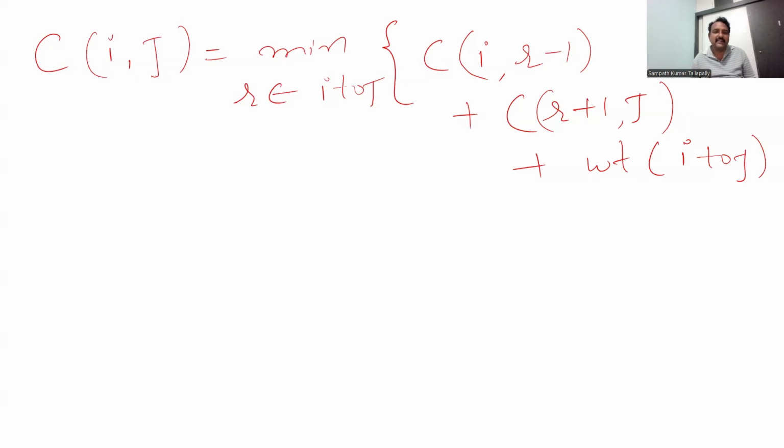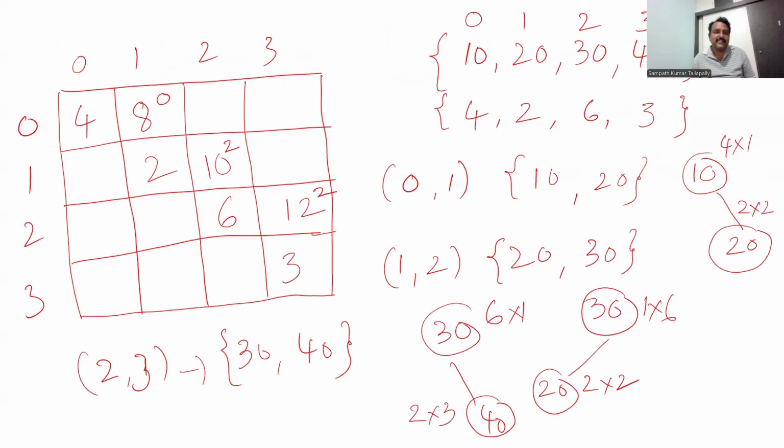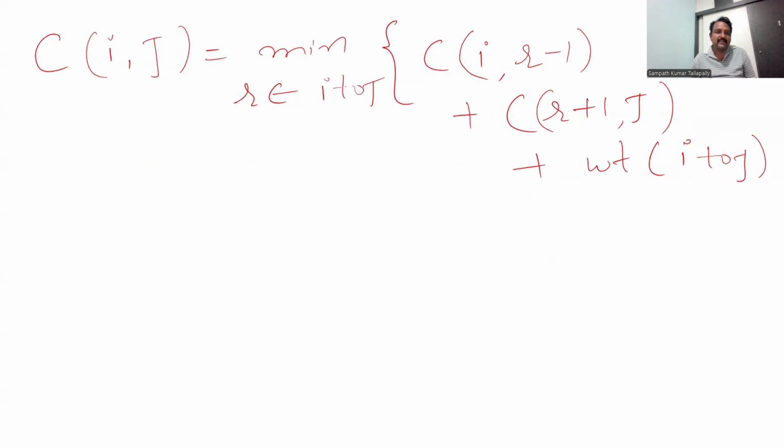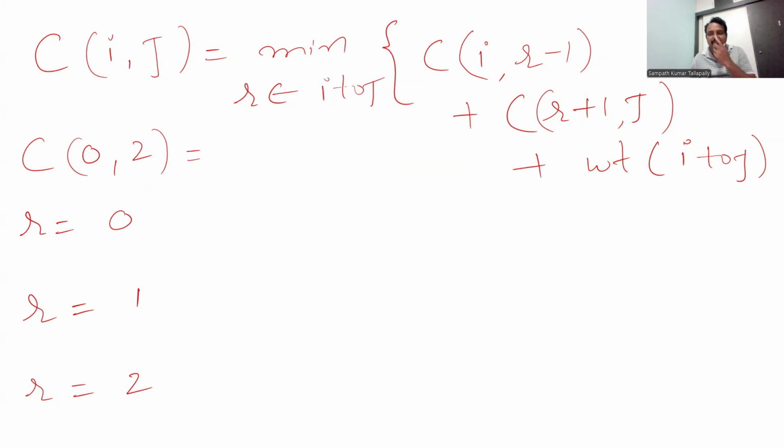Now, as I said earlier, we are going to calculate 0 comma 2. If I want to calculate 0, 2, the value of my R will be equal to 0, the value of my R will be equal to 1, and the value of my R will be equal to 2. Out of them, we are going to find the minimum, and that minimum value which we get, we are going to keep in this box.